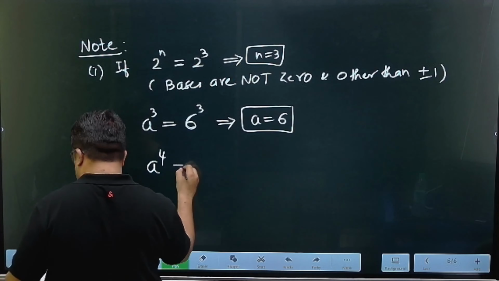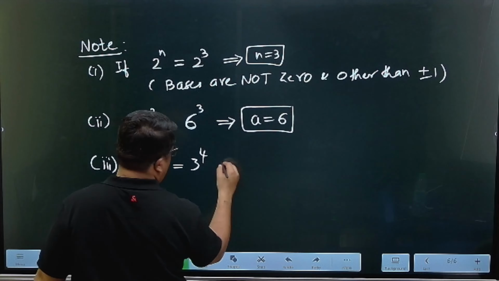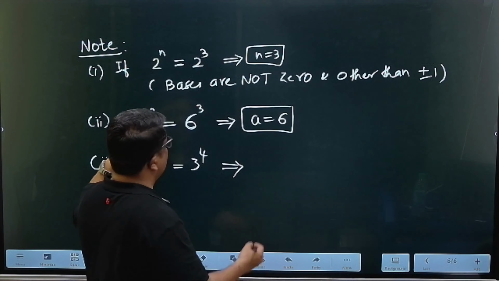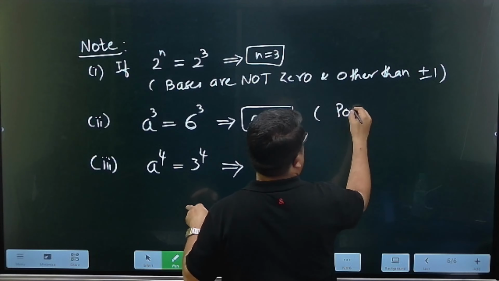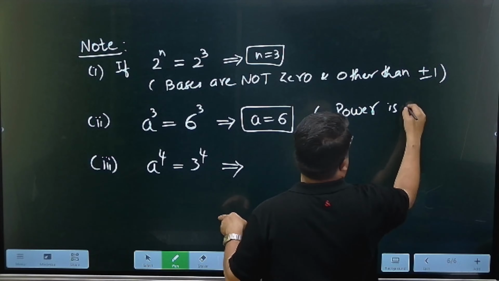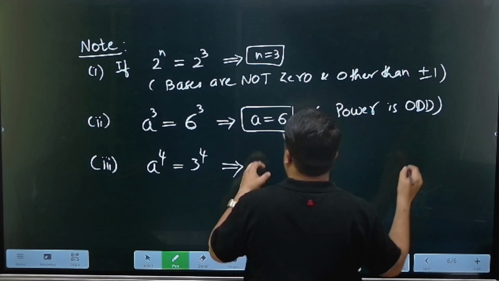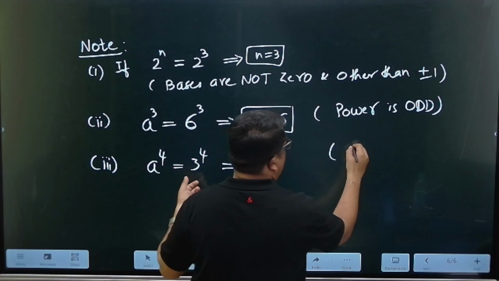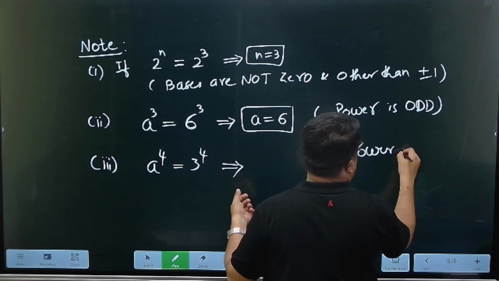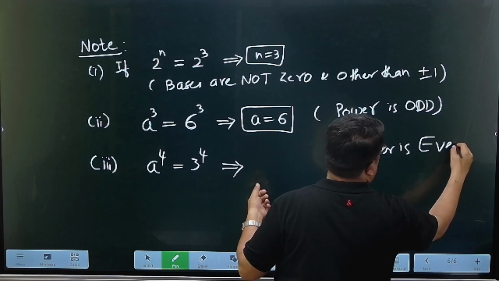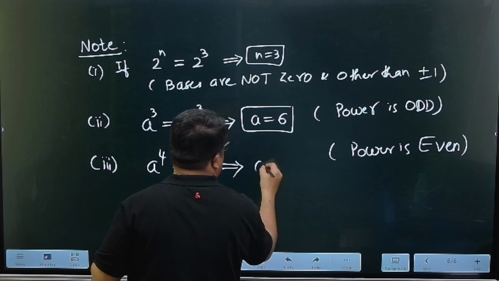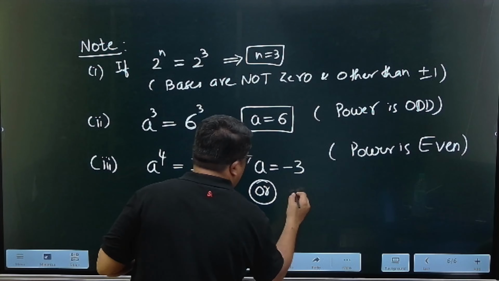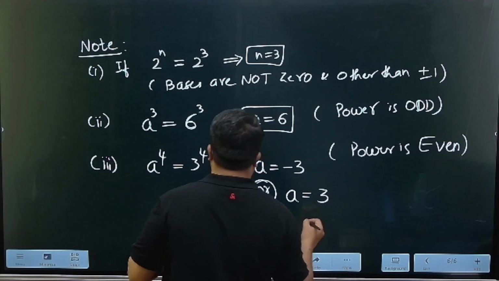so I will make it more clear here. In this example, the power or exponent is odd, then we will have only one base. Here the power is even, the exponent is even. So the possibilities for the base will be either a is minus 3 or plus 3.